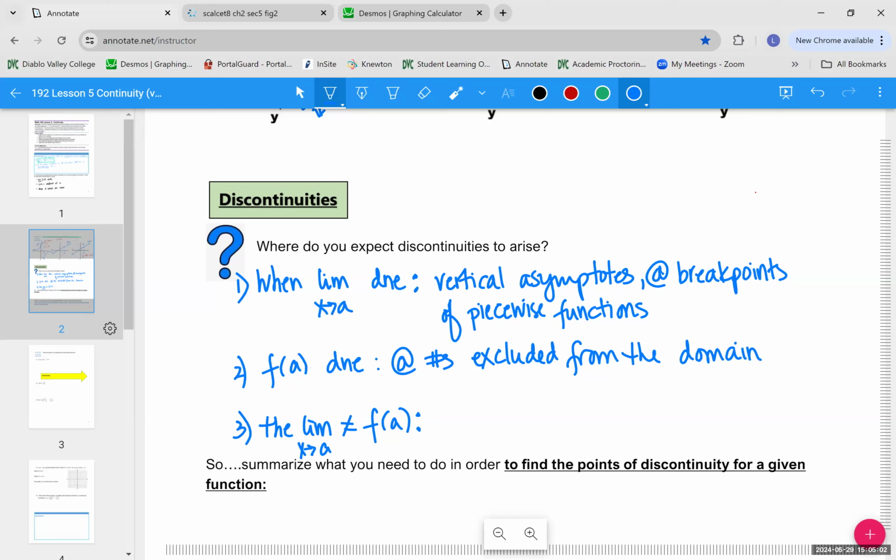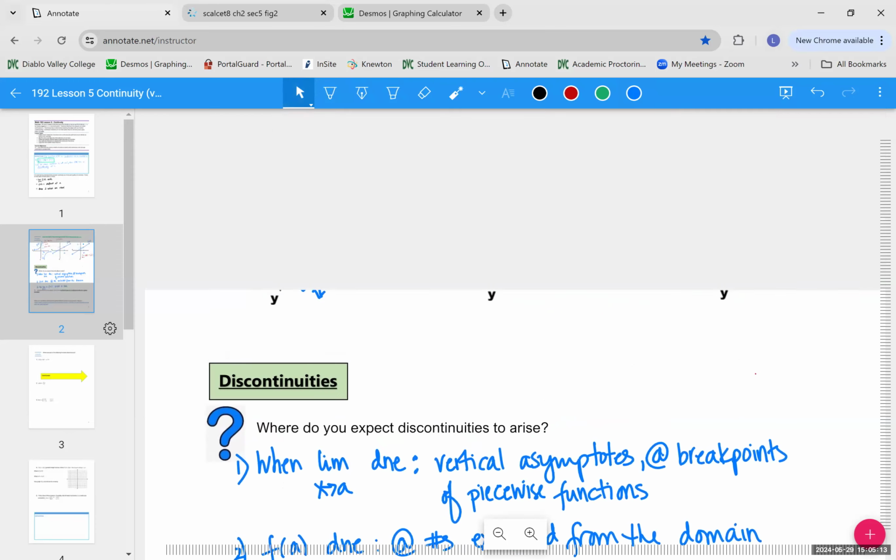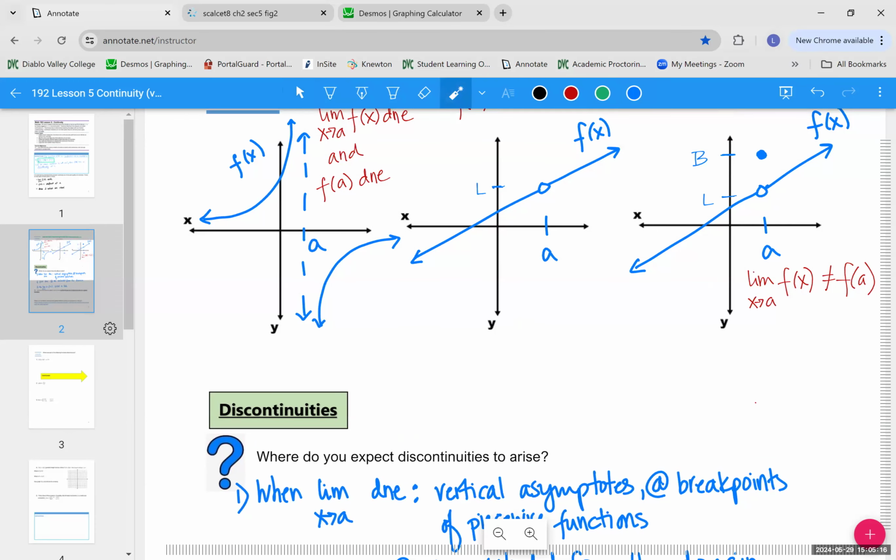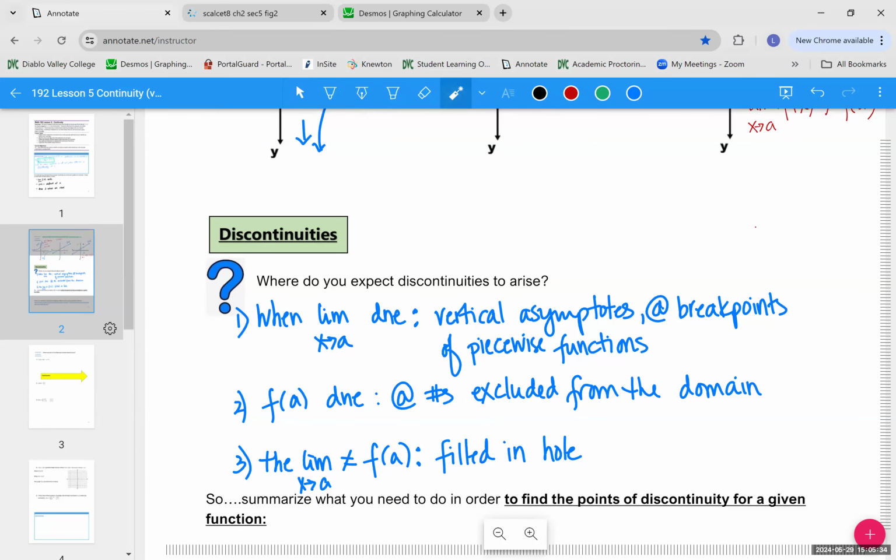But I guess the other place it could be would be a filled in hole, where the hole is filled in somewhere else, like in the third example up here. You have a hole and then it's filled in somewhere outside of the hole. But honestly, if you were to see this in equation form, it would be a piecewise function. It would have an equation for everywhere except for a, and then a different value for x equals a. So even in that situation, it kind of still applies to breakpoints of piecewise functions.